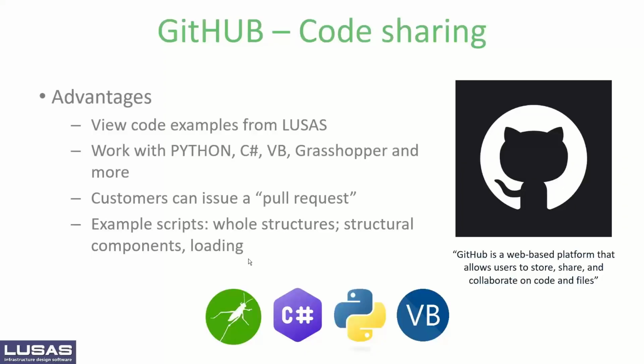We're also at the moment working on an online repository through GitHub, where we will host a lot of the codes that we do for Grasshopper, Python, Visual Basic, C#, and other languages. So the idea behind this is that it's example code for you as users.